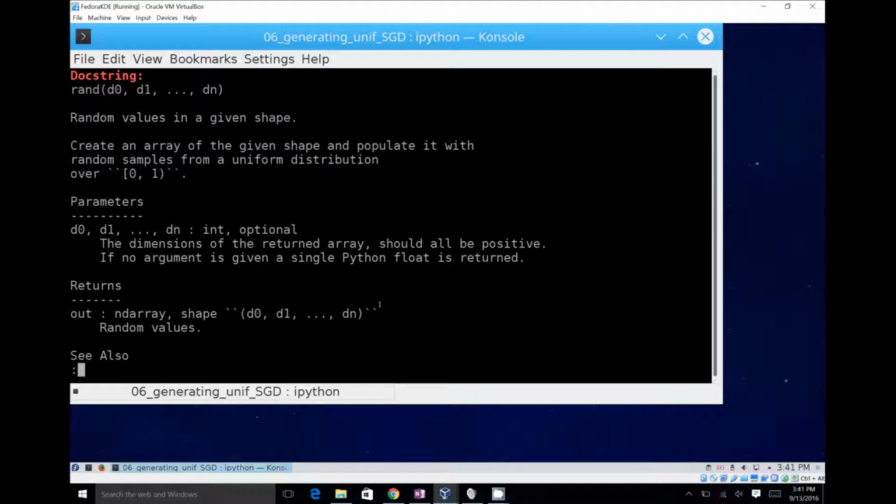So create an array of the given shape and populate it with random samples from a uniform distribution over 0, 1. Okay, so can you tell me how to generate, let's say, 1,000 random points on that 2D square using this function?